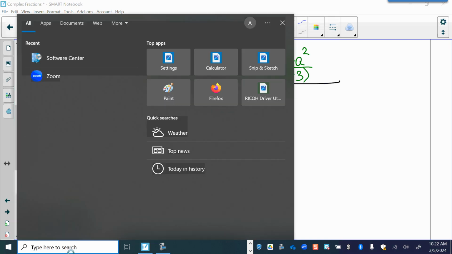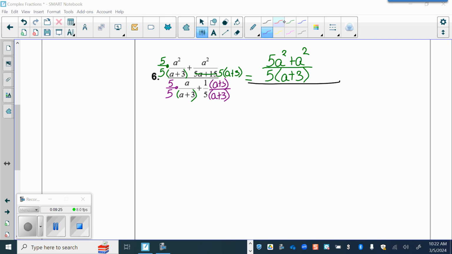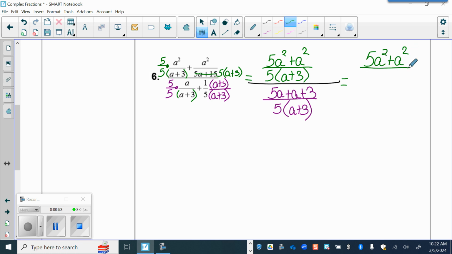Whoa, what did Smartboard just do? Go away. All right, so this is 5a plus a plus 3 divided by 5 times a plus 3. Almost there, right? I'm going to have 5a squared plus a squared. Whoops, 5a squared plus a squared is 6a squared.